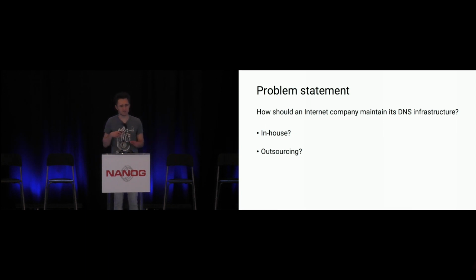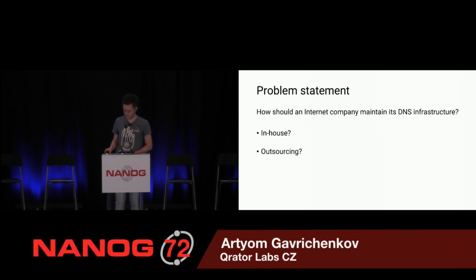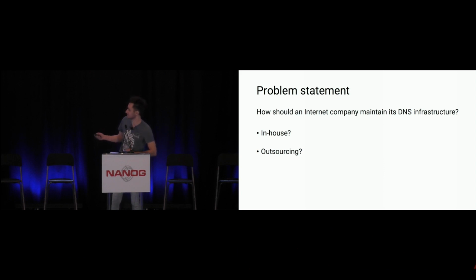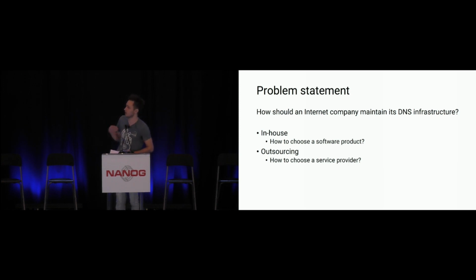Either you can run it yourself, or you can outsource it to some kind of third-party provider. With each approach, there are more questions to it. If you're doing it in-house, then you need some kind of a software server product, which will essentially do DNS responses for you. And if you're outsourcing it, you need to choose a service provider because there are just plenty of them available. So here is our problem statement.